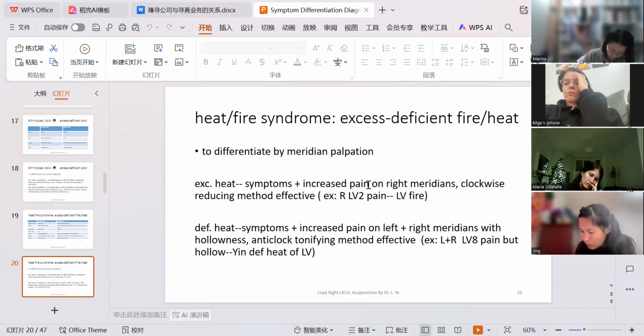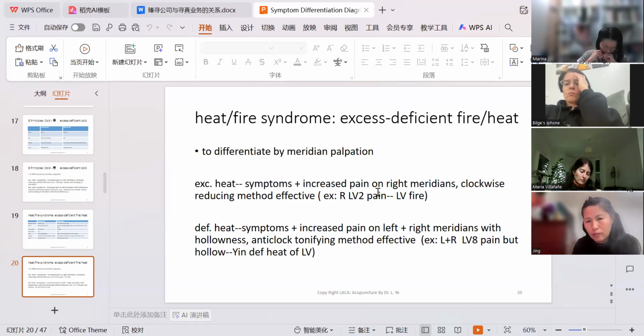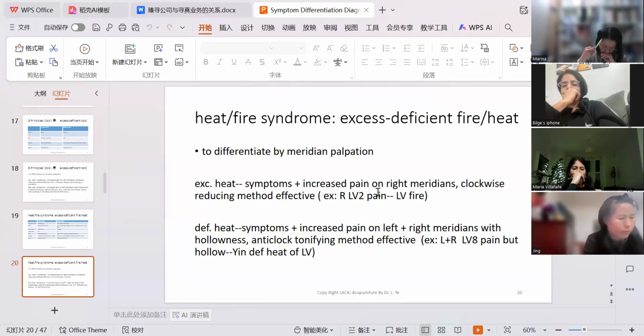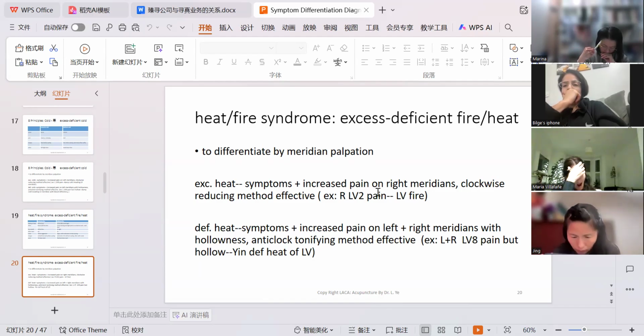Deficient heat usually means yin deficiency leading to heat, so usually the symptom is not on the right side. Usually the symptom is on the left side. For this one, tinnitus from deficient heat will be more in the left ear.